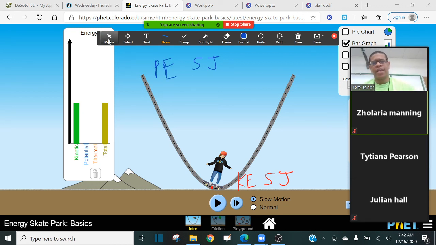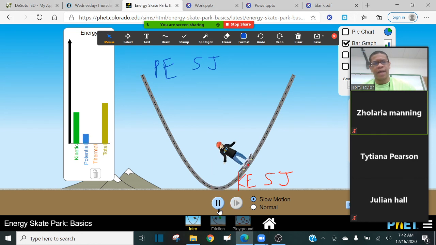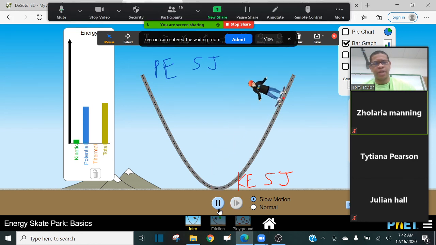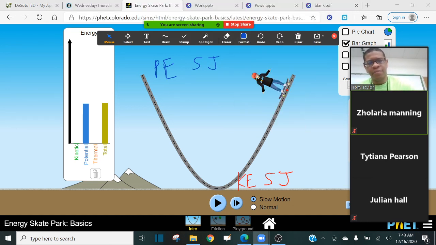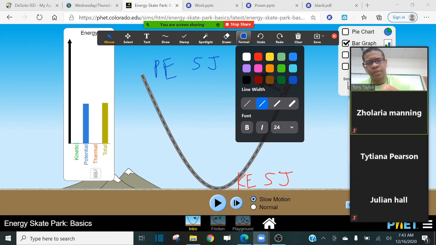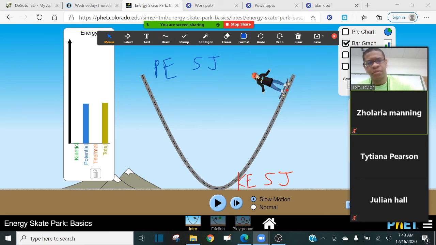Now, what is his kinetic energy at the very top? Well, that's easy, guys, because look, as he goes all the way up, notice he comes to a stop before he comes back down. So if he comes to a stop at the top, that means his kinetic energy at the top is 0 joules.